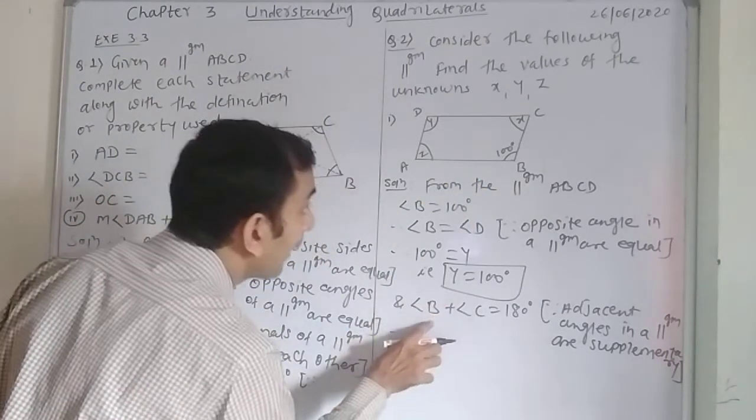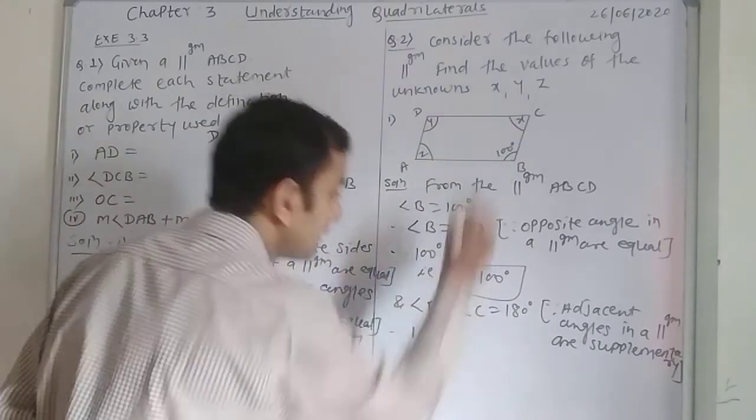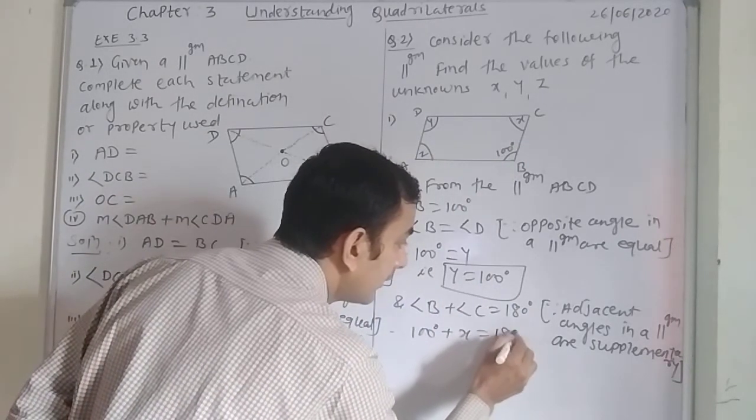Therefore, we have to say this angle of B, see, we have 100 degree, plus angle C, which is X, equal to what? It will be 180 degree.